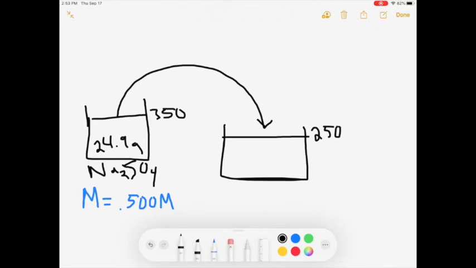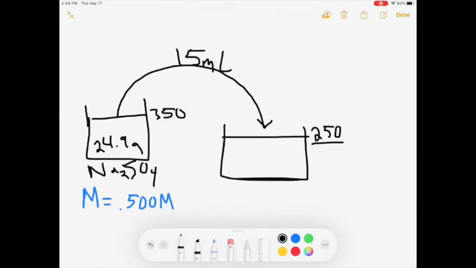And let's say we took out 15 mils of our stock solution to put into this new beaker. So 15 mils of our stock solution, we filled the water up to the 250 line. So the question is, this new diluted solution, what is the concentration?